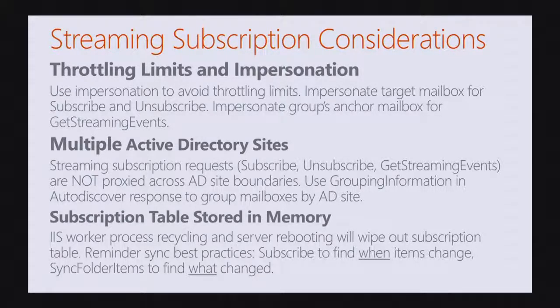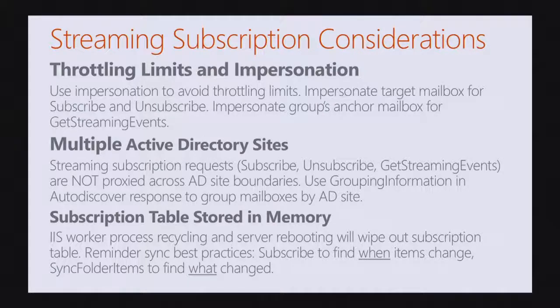They basically have an interactive budget for client connections and then a non-interactive budget. So it's a copy of the same budget. The default is 20 concurrent EWS connections on a given mailbox, so you can have 20 from an active client, that's not using impersonation, versus a non-interactive client, which would be a service using impersonation.